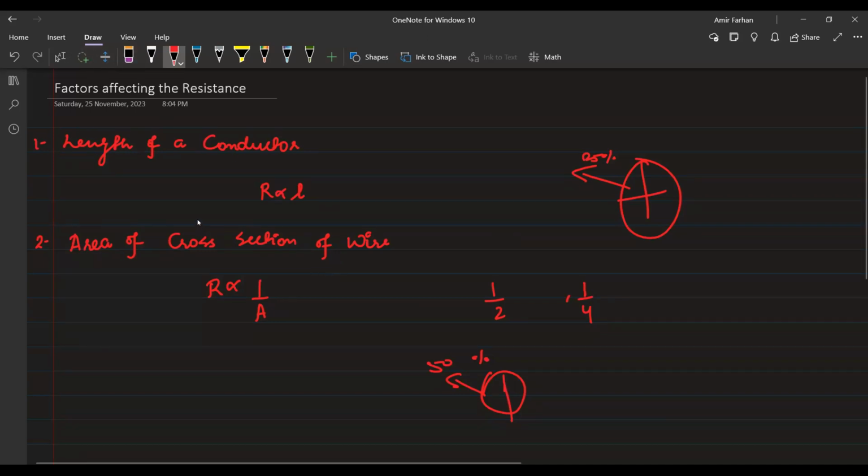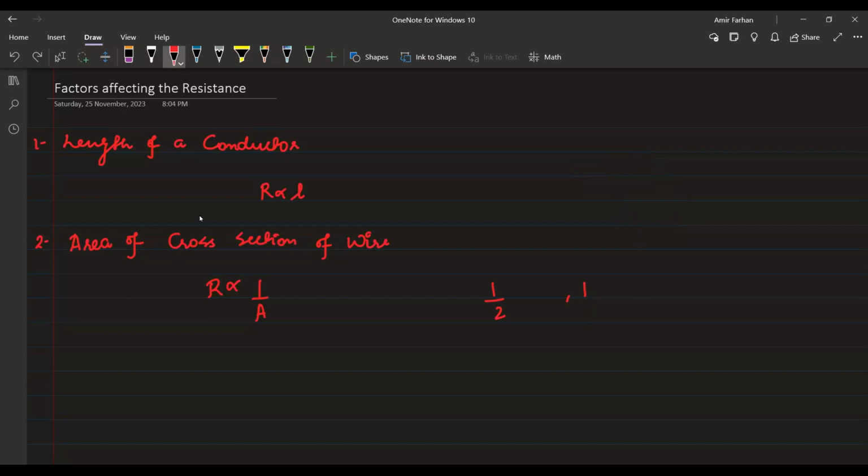Got my point or not? Yes. So if you increase the denominator, ultimately your fraction will decrease. Clear? Now everybody, if you increase the value of A, your resistance will decrease or increase?